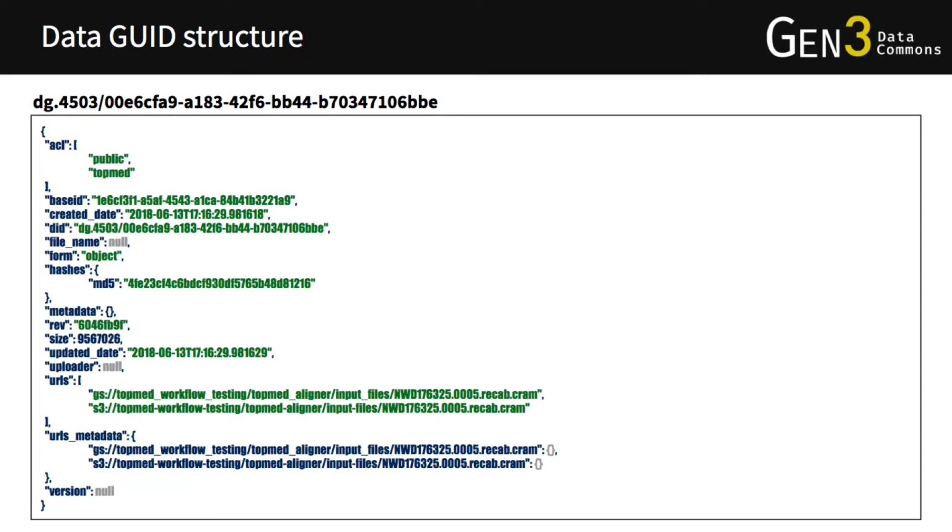Data GUID records in the index can have the following components: the GUID itself with the key DID, the ACL field, which stores the access control levels, the base ID, which records revision information and points to the latest revision by default, the date the GUID was minted, the data ID, which points to a specific revision of the file's name, form, hash, metadata, revision number, size, locations, and finally, any links to metadata.